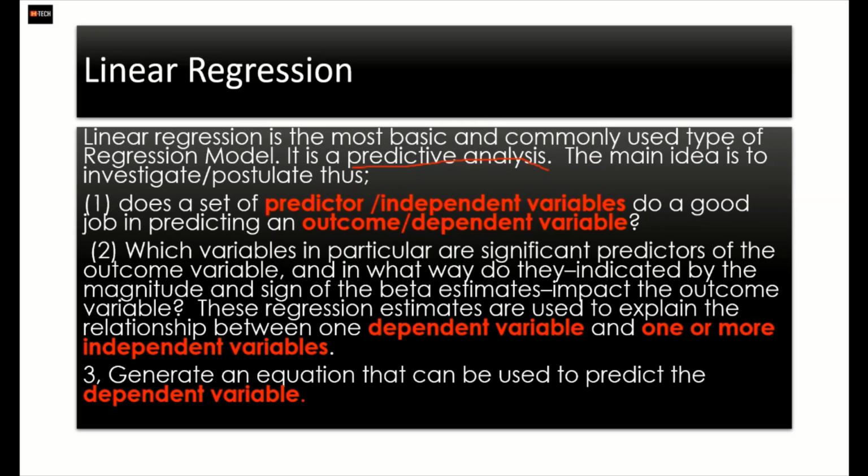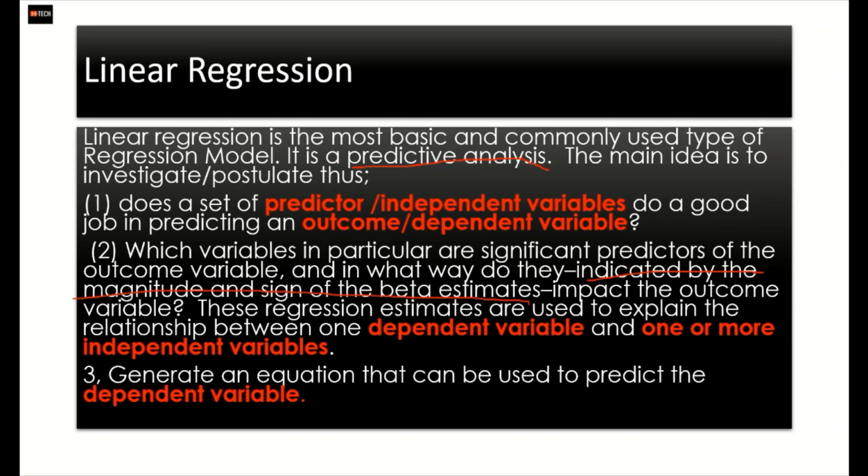What this is saying is that in the case where we have more than one variable, we can use linear regression to indicate which of those variables affect the dependent variable, and to also know the magnitude, indicated by the magnitude and by the sign of the beta estimate.